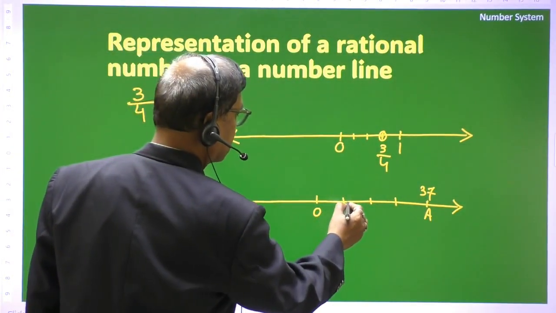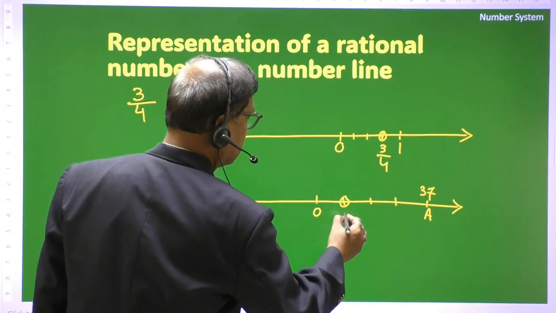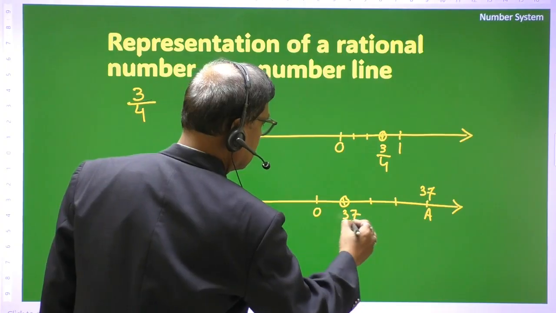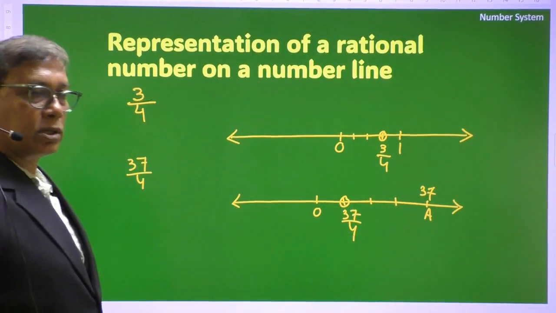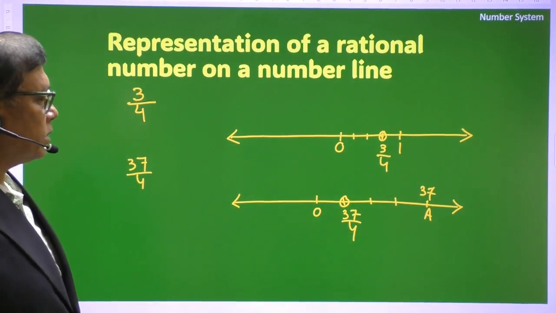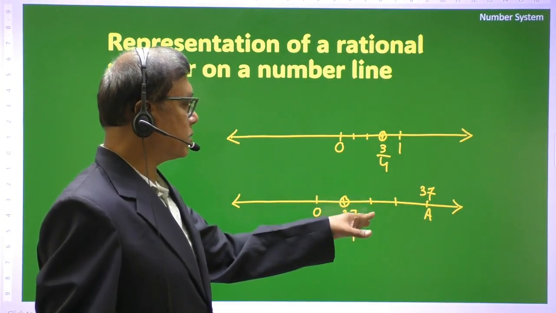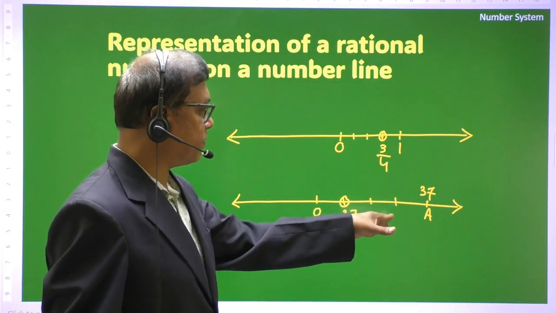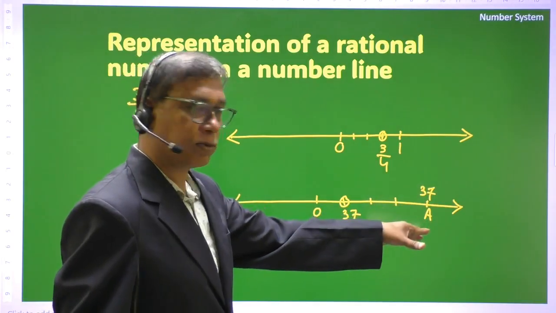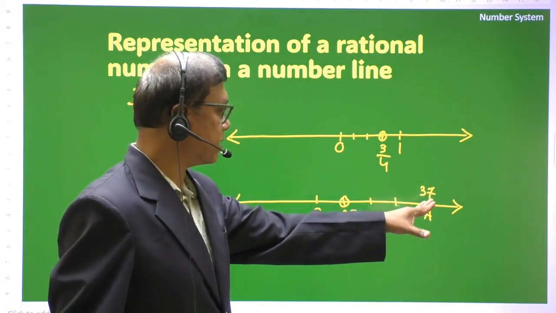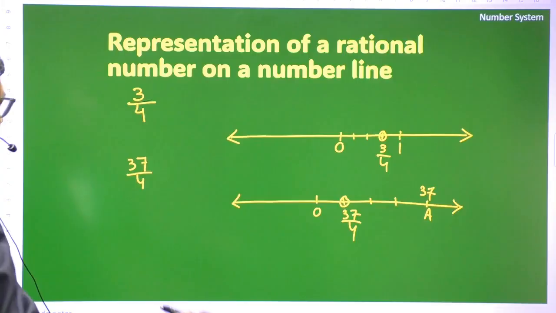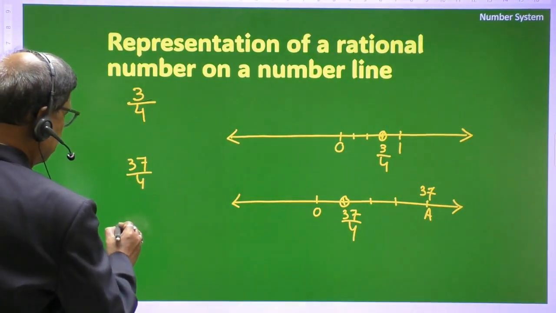So 1/4 of 37 is this part. Yes? Is it clear? This will be 37 into 2 by 4, 37 into 3 by 4, and 37 into 4 by 4. 37 into 4 by 4 means 37. Is it clear?